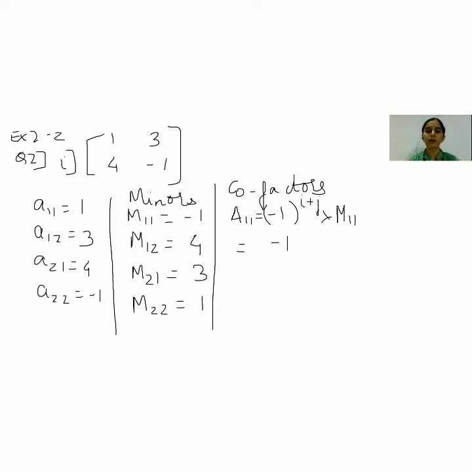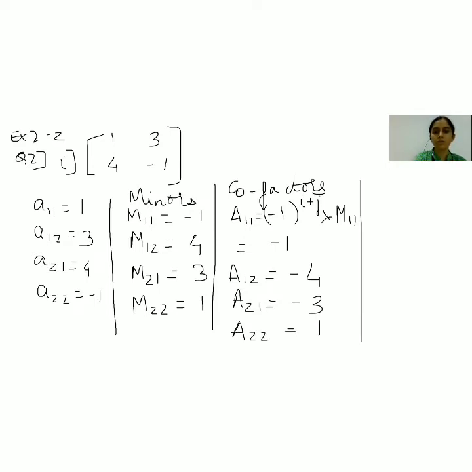So remember, when addition of i and j is an even number, answer remains the same, cofactor remains the same. When the addition is an odd number, then the sign changes. So A12, now the sign will change, so it will be minus 4. A21 is equal to sign change minus 3 and A22, no sign change, so answer will be 1.